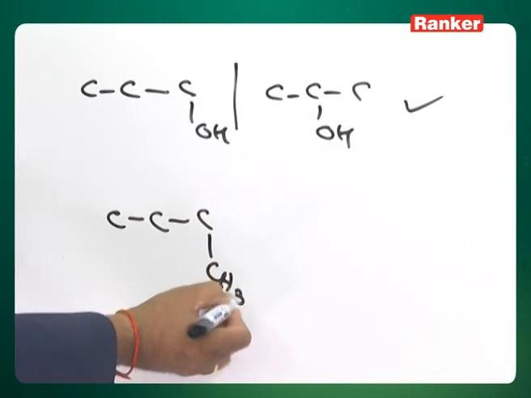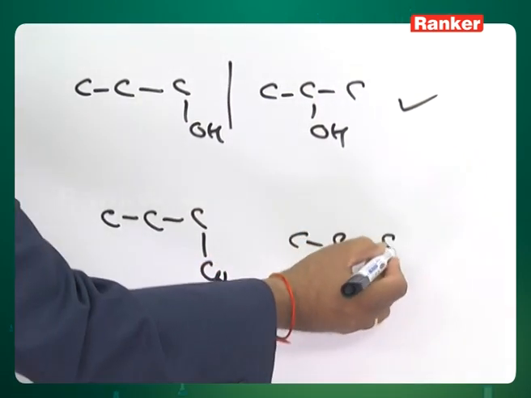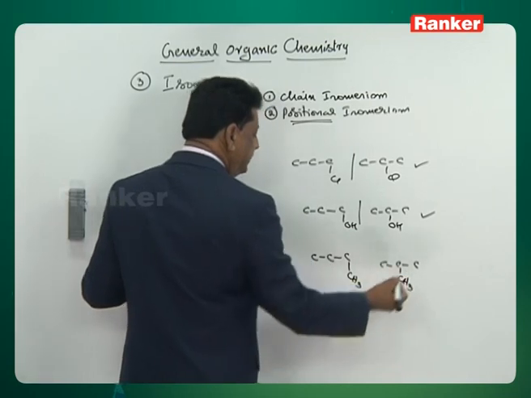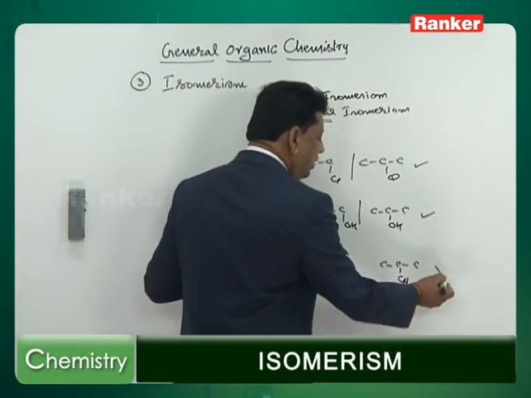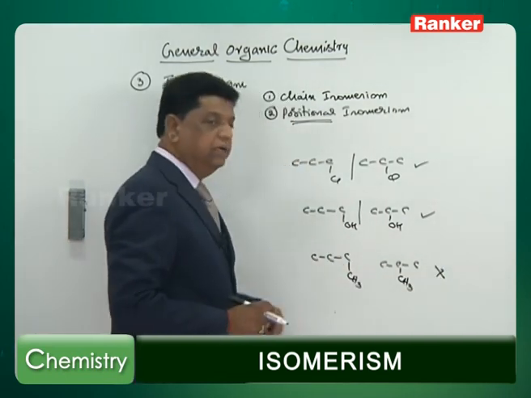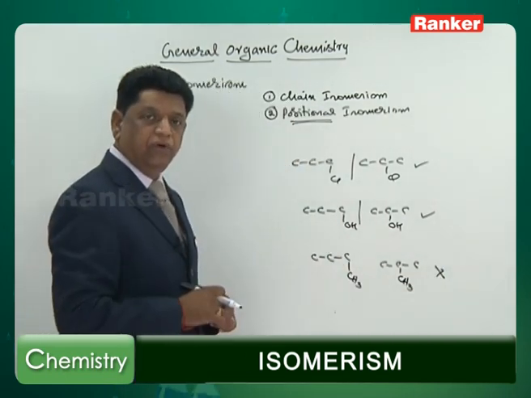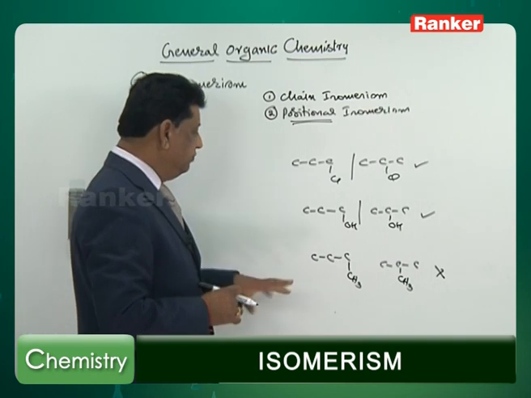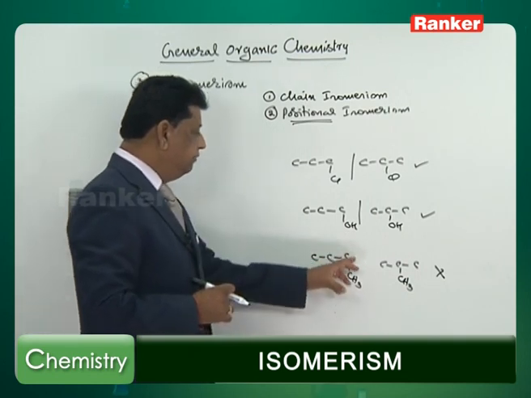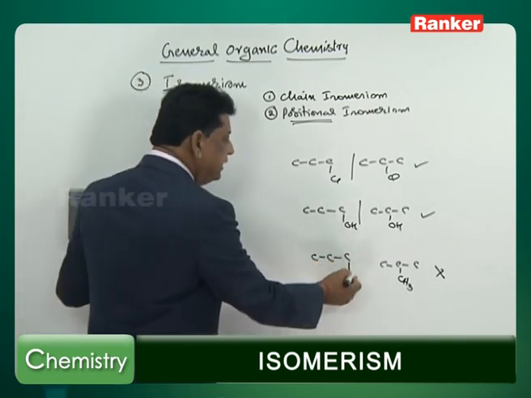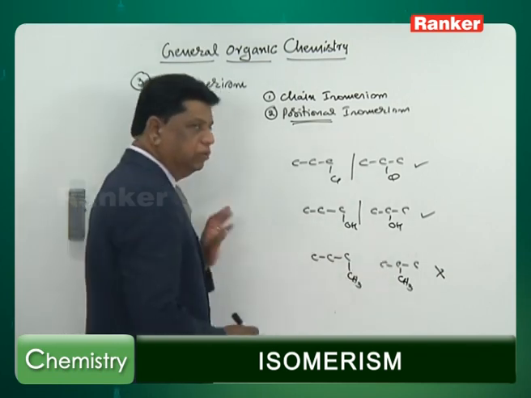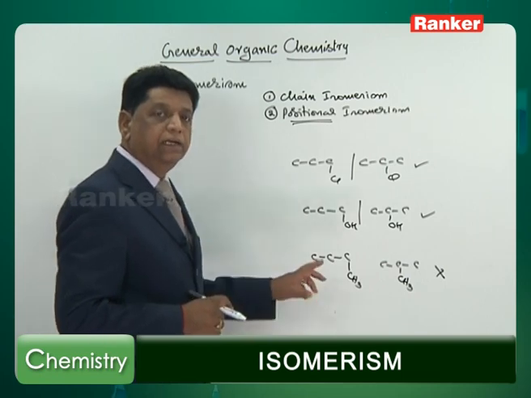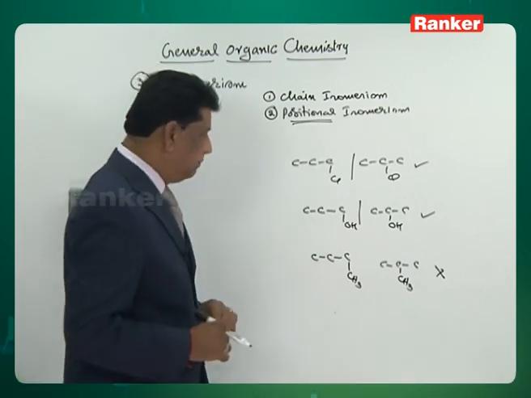For example, if a methyl is on the first carbon and on the second carbon, this is not allowed, because first, methyl is not a functional group. Second, the skeleton of the carbons is a straight chain in one and branched in the other. So they come under skeleton isomerism, not positional.